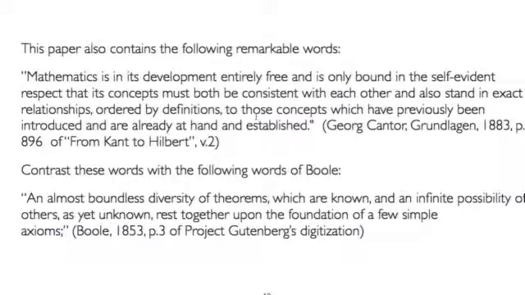And of course, as we'll see, we basically now know that this second approach is not really feasible because of Gödel's theorems. I mean, the approach is feasible for some partial theories, but not for everything.